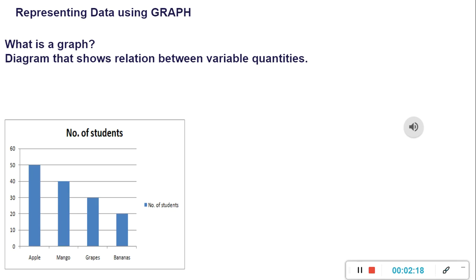You might have come across newspapers which give weather reports in the form of graphs, isn't it? These graphs not necessarily always look like this. The graph could also look like a circular graph. It could also be a line graph. So there are many different kinds of graphs. So basically these are some of the scenarios where you get to see a lot of graphs.